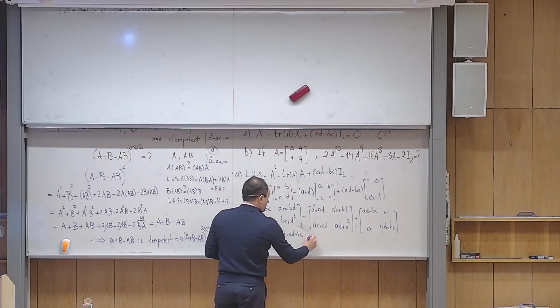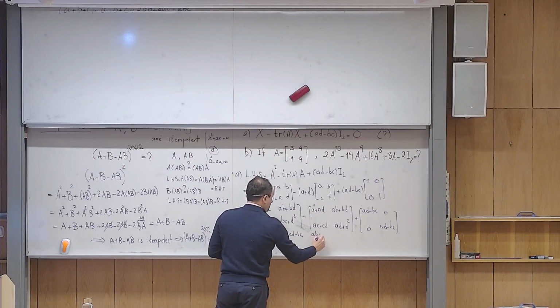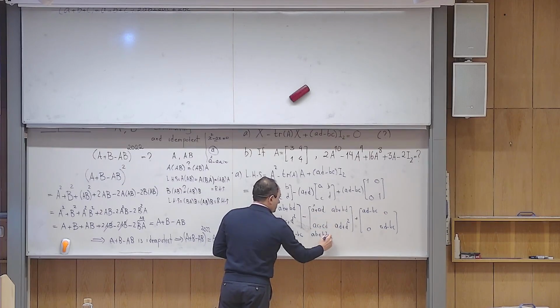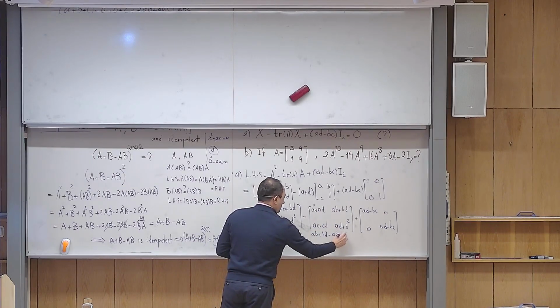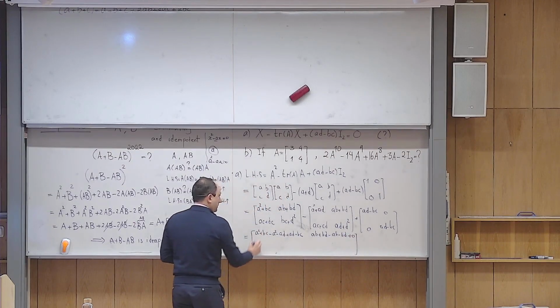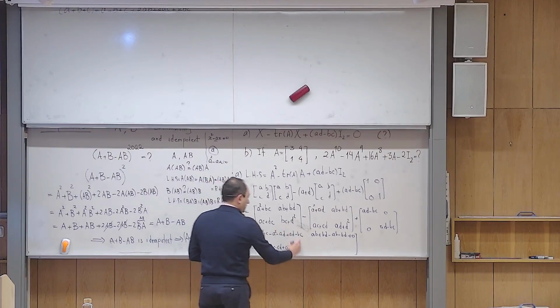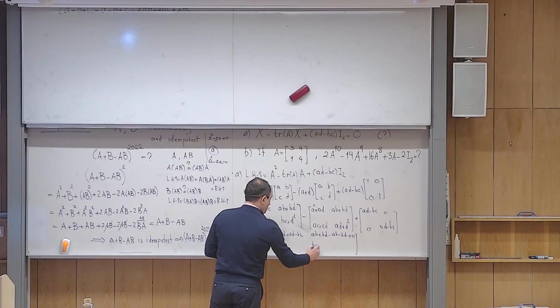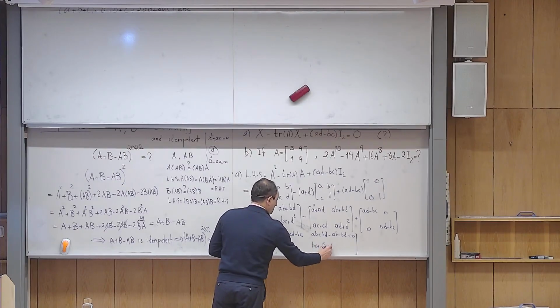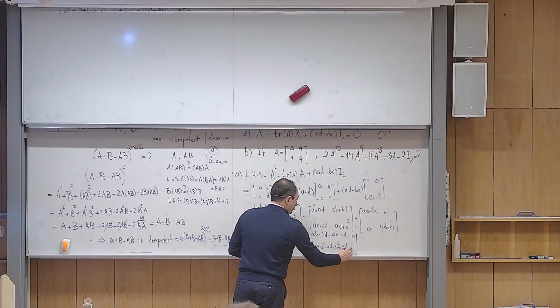The next entry is AB plus BD minus AB minus BD plus 0. And the same thing here. So this becomes AC plus DC minus AC minus CD plus 0. And the final one is BC plus D squared minus AD minus D squared plus AD minus BC.